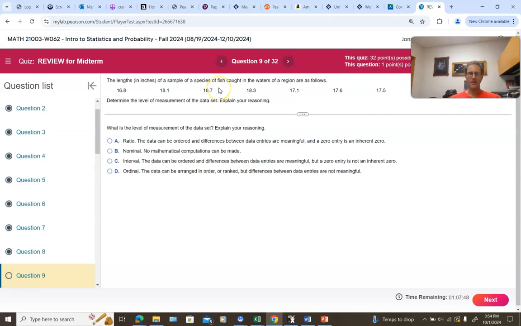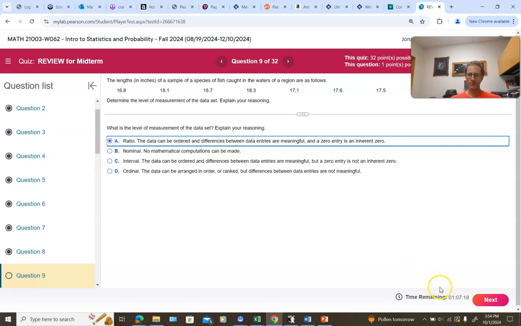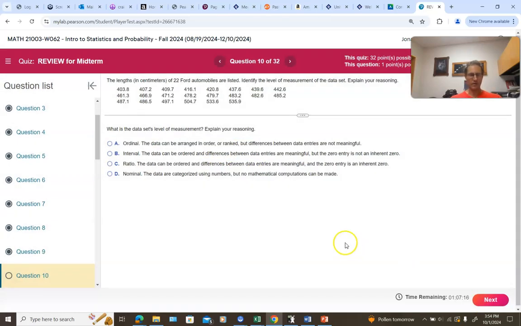And you can also describe one fish as a ratio of another. If one fish is 16 inches long and another is 32 inches long, you can say the second fish is twice as long as the first. So ratio: the data can be ordered, differences between the data entries are meaningful, and a 0 entry is an inherent 0. That's what I'm going to go with.